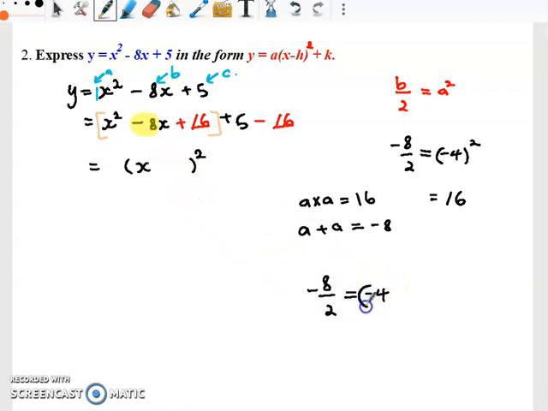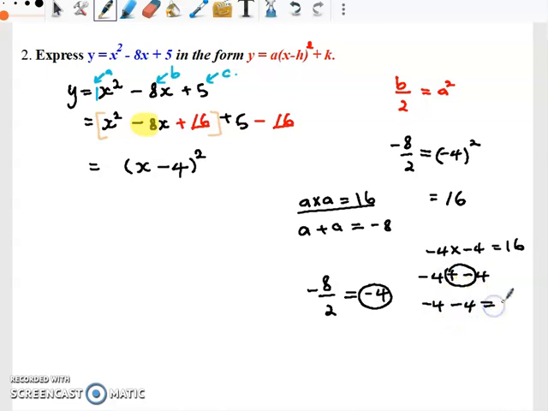So this is what we put right here, minus 4, because minus 4 times minus 4 is equal to 16, so it meets this criteria, and minus 4 plus minus 4 will give you minus 8. So it fits this. So this is x minus 4.